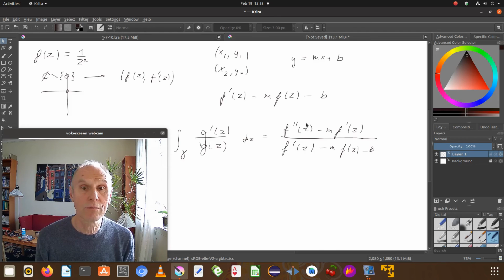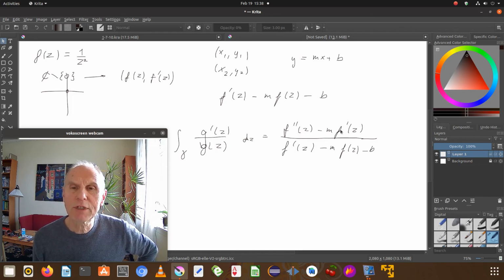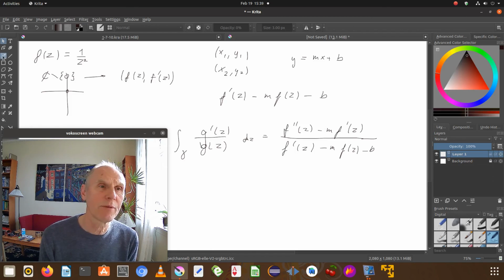So there's a pole of order 1. But could this have some zeros? Oh, when we integrate around here, it's only the poles that matter. So this should vanish as well, I think.